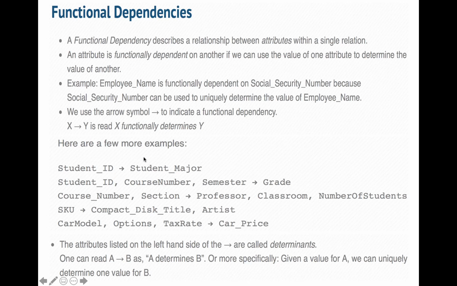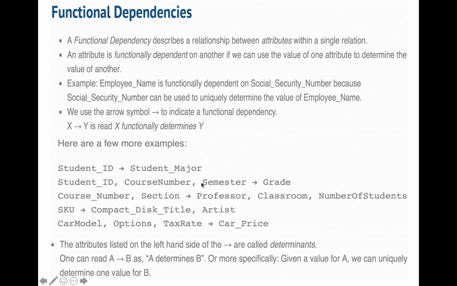So we say that student major depends on student ID. We can determine the grade of the student from the semester, course code, and student ID. So I need student ID, course number, and semester in order to get the grade. These are some examples of dependencies.